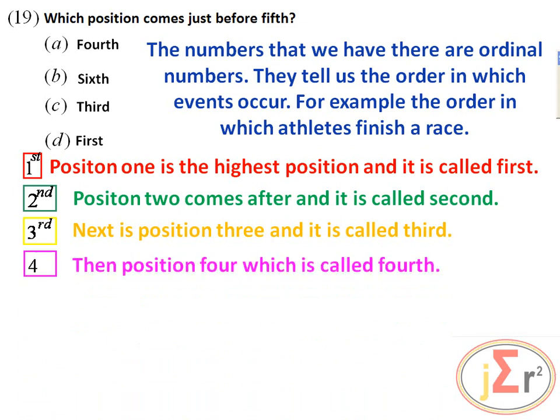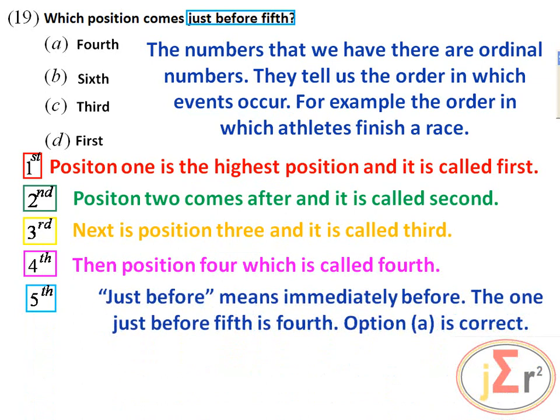Then position 4, which is called fourth. Position 5, just before fifth. Position 5 is called fifth. Just before means immediately before. The one just before fifth is fourth. Option A is correct.